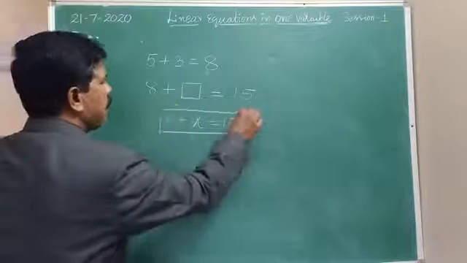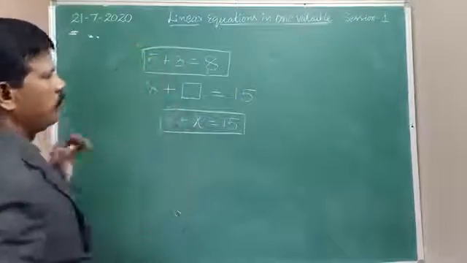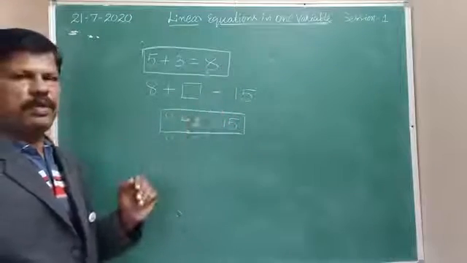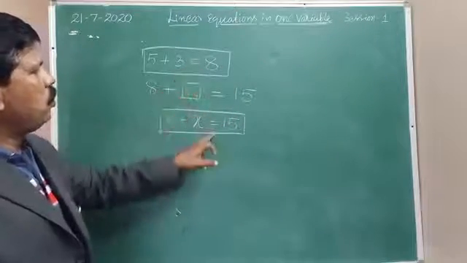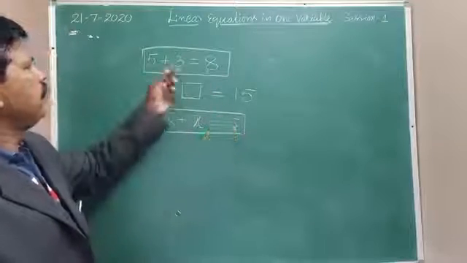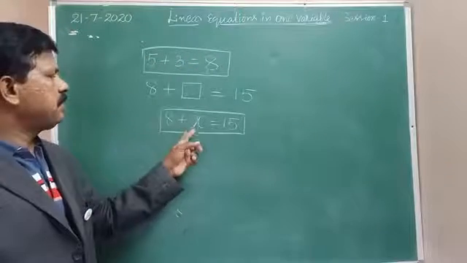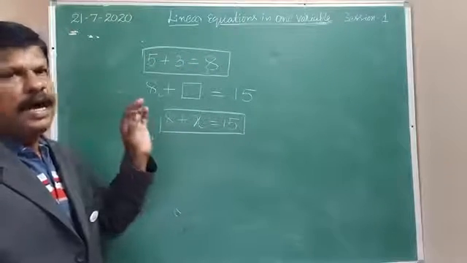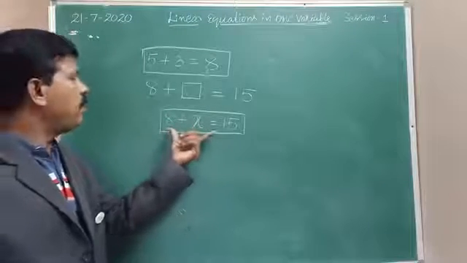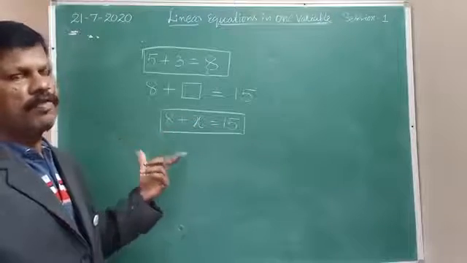When you take these two, what is the difference between them? Here it has an equal sign, here also an equal sign. Here 5 plus 3 is 8 and here 8 plus x is equal to 15. Unless and until we know the value of x, we can't say whether this statement is true or false.